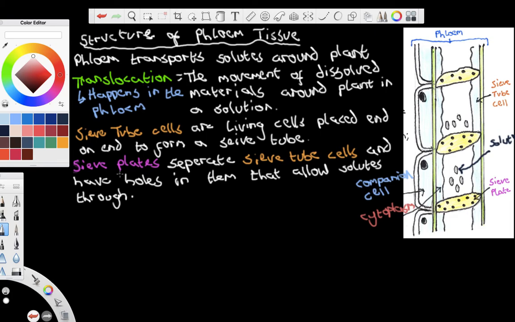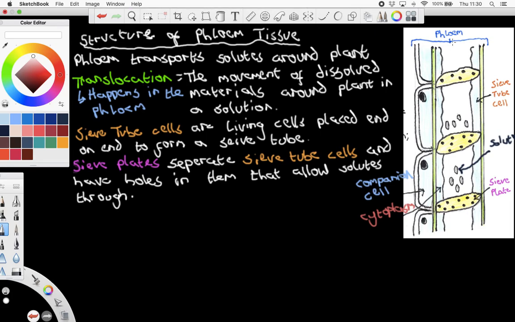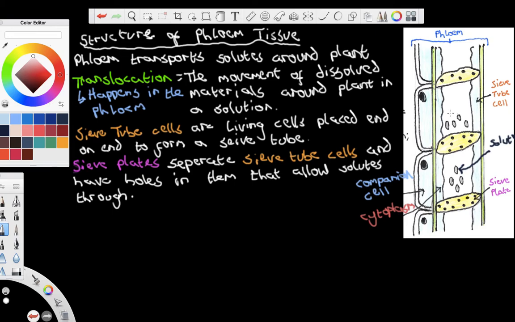Okay, so we've got these sieve tube cells that are placed end on end. They're living cells. They form what's known as the sieve tube. Between each sieve tube cell, we've got these sieve plates which have tiny holes in them that allow solutes to pass through. Sieve tube cells share the organelles of companion cells.